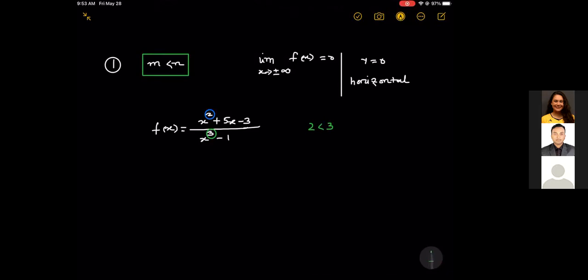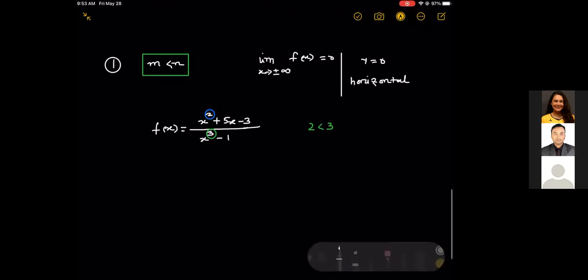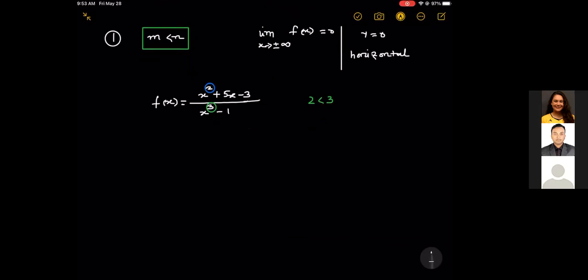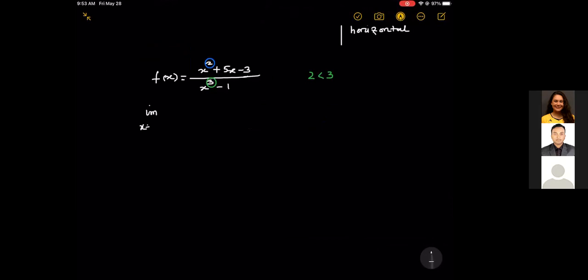So straight away, I can say, hey, when the limit x tends to positive or negative infinity, which way doesn't matter. Obviously, the question will have either positive infinity or negative infinity. So the question will have something like this: what happens to the limit?